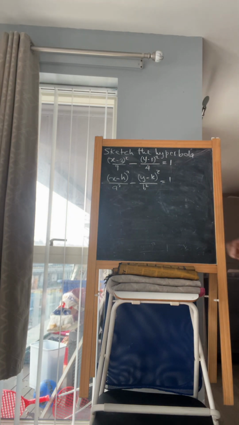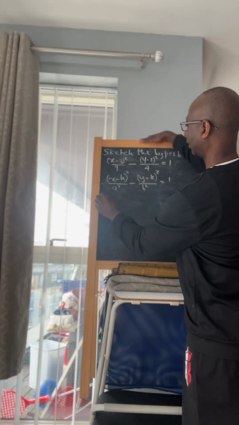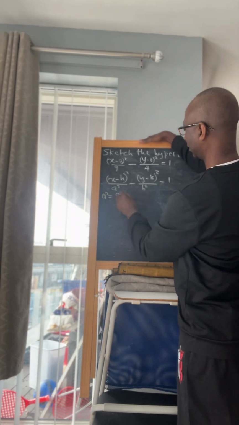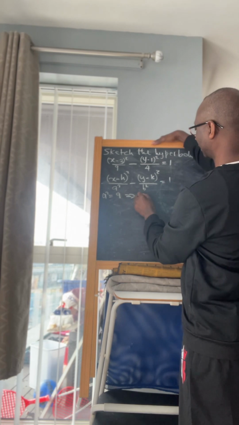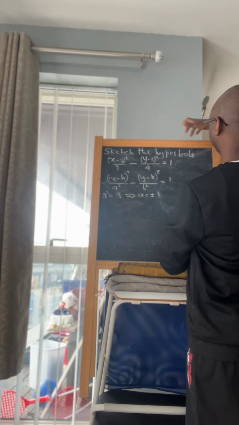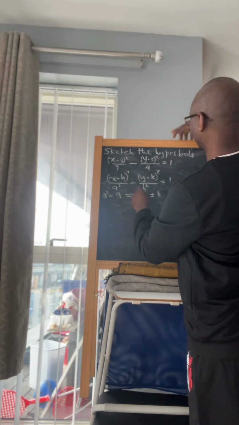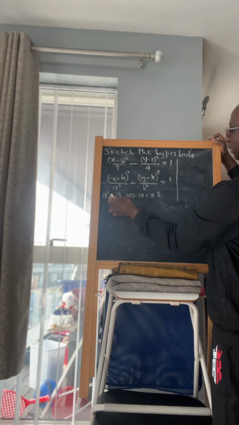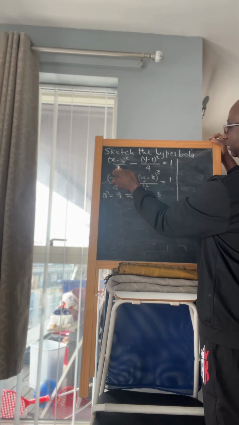Okay, so what is a? A squared here is given as 9, which implies a equals plus or minus 3.